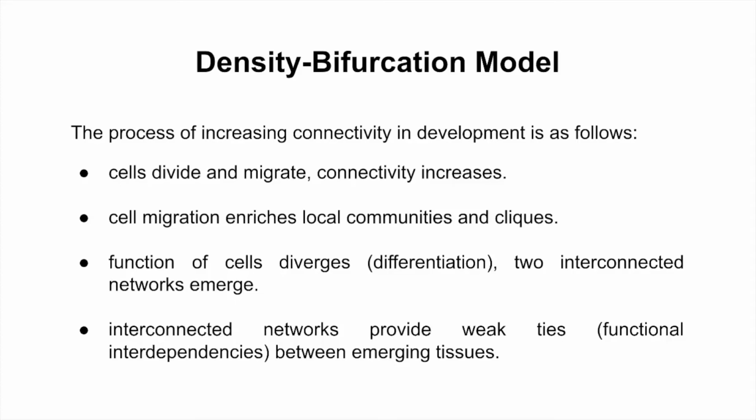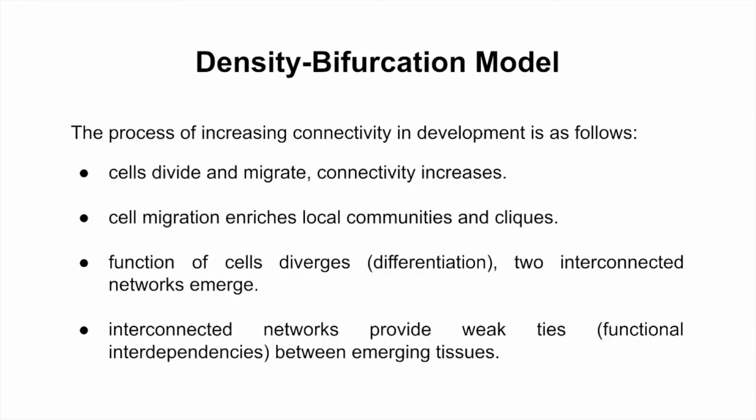Thirdly, the function of cells diverge over time, so there's this differentiation function. Not only do you get connectomes and embryo networks, but you get structure within embryo networks. You get different organ systems and things that emerge. And so at least 2 interconnected networks emerge from this, but probably more as we go through development.